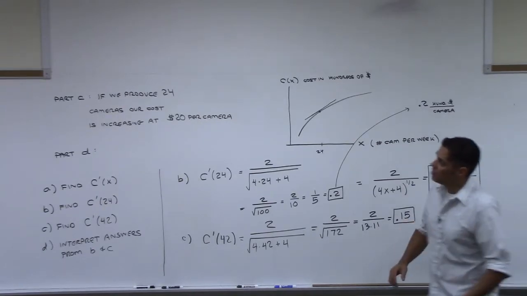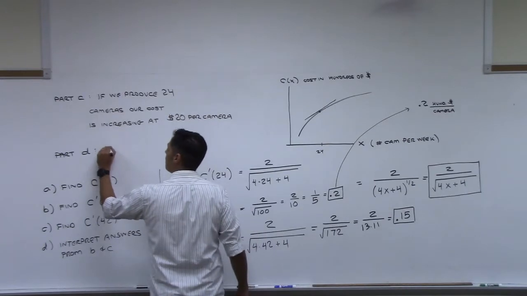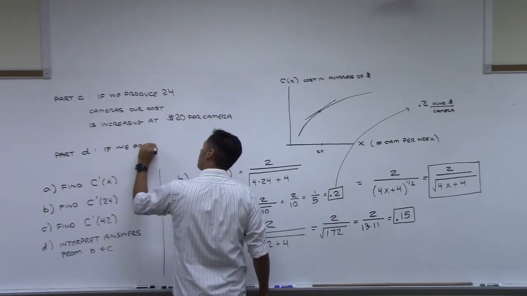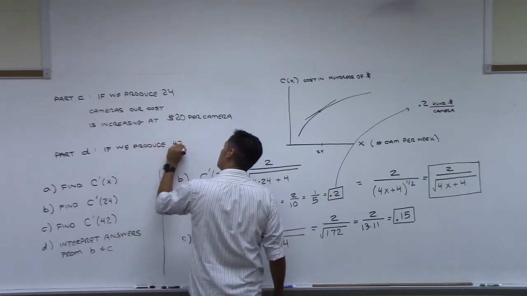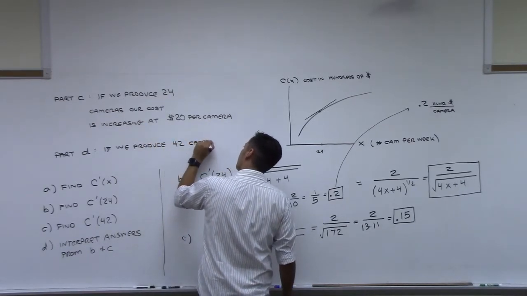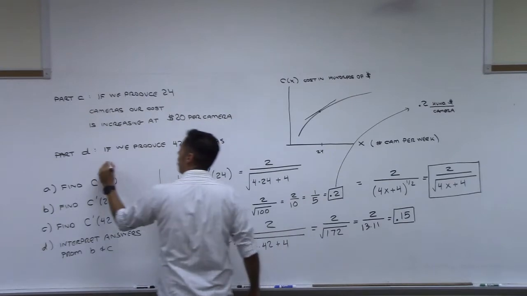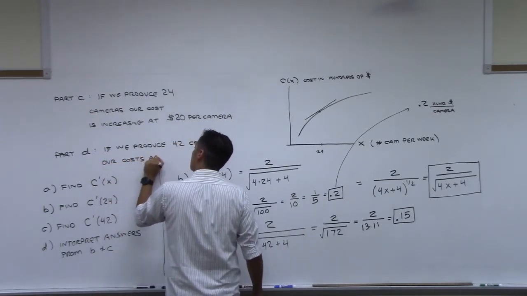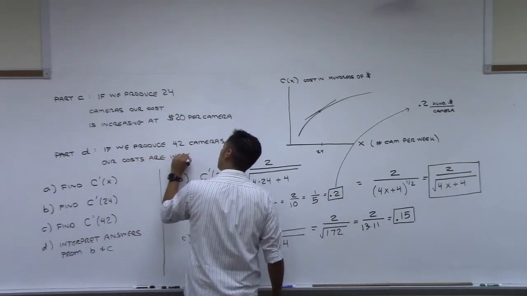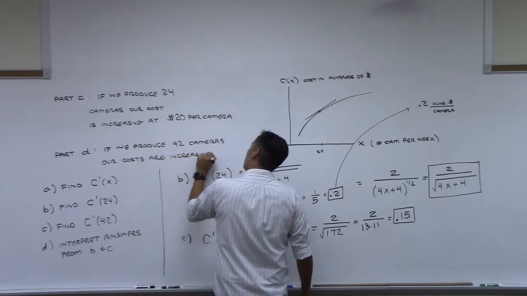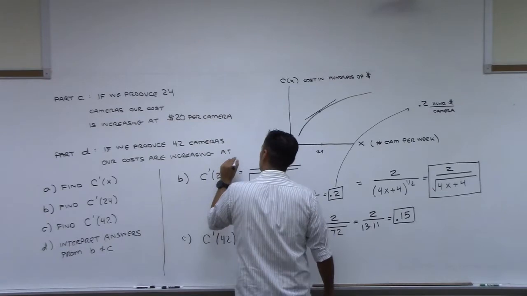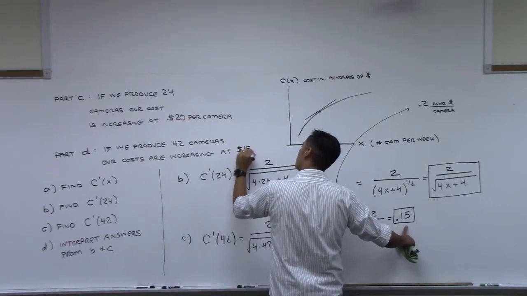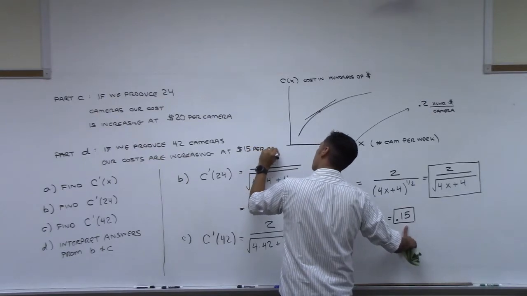But here, we're going to say, if we produce 42 cameras, our costs are increasing at $15, right? Because we have to take that multiplied by 100, so $15 per camera.